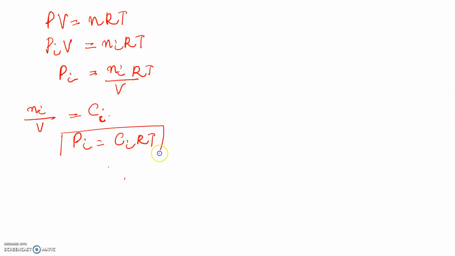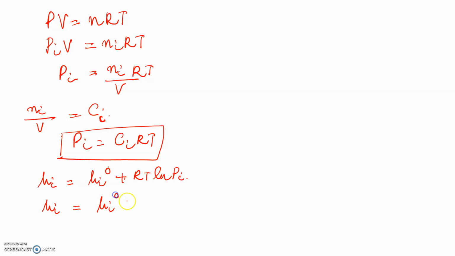Let's substitute this in the equation for the chemical potential. What was that equation? Mu i is equal to mu i 0 plus RT ln Pi. In this equation, we have to substitute for Pi. Substituting for Pi, we get mu i is equal to mu i 0 plus RT ln (Ci RT).